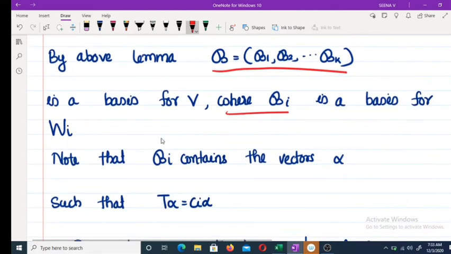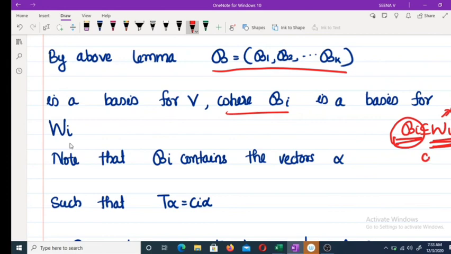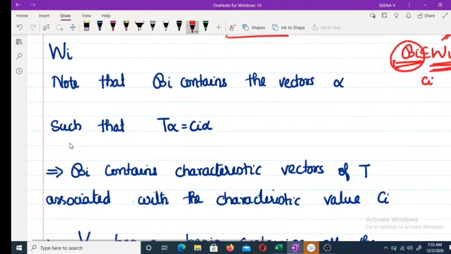So what about Bi? Bi is a basis for Wi, therefore clearly Bi is a subset of Wi. Wi is the set of all characteristic vectors associated with the characteristic value Ci. So all elements of these Bi's are characteristic vectors: for any alpha in Wi, T alpha is equal to Ci alpha.